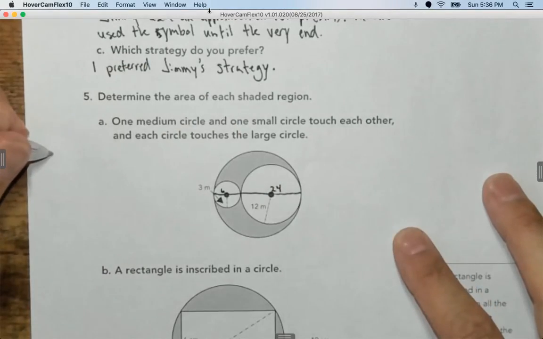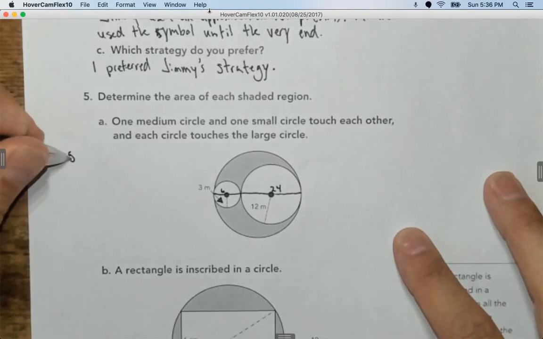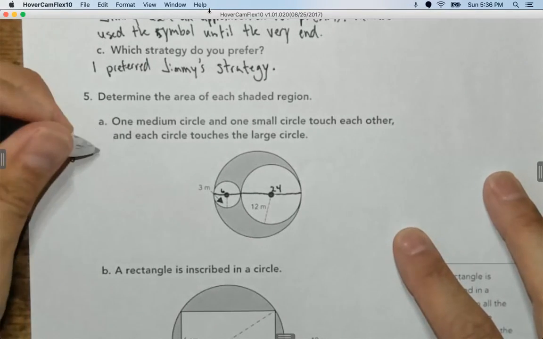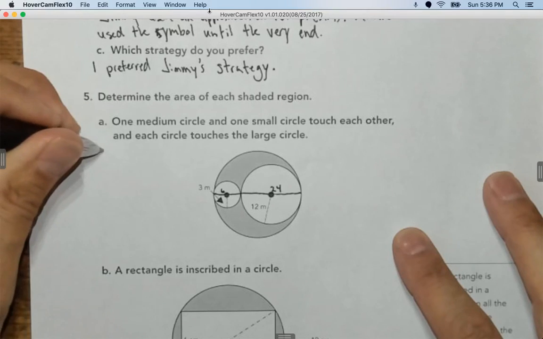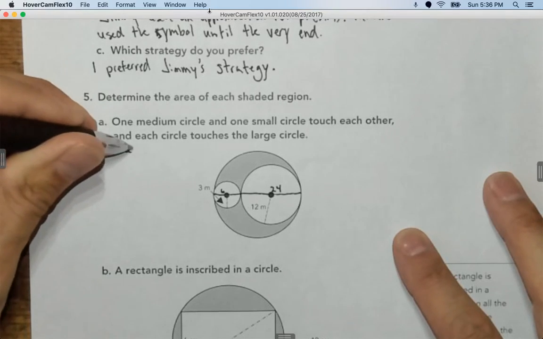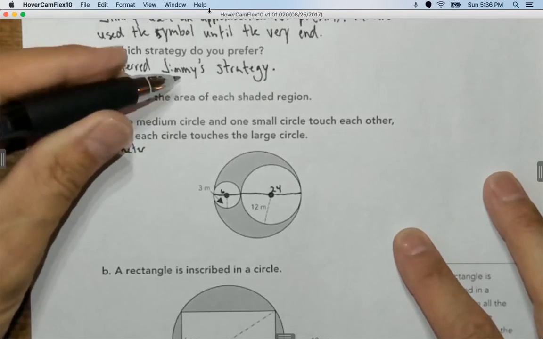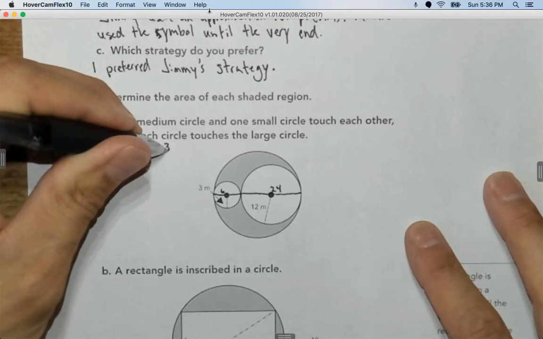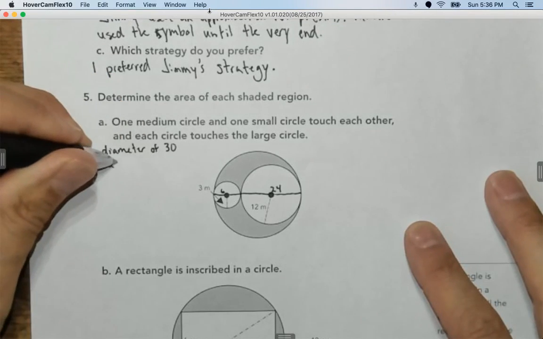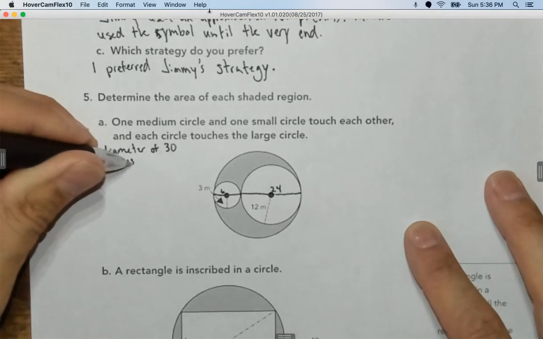So the largest circle would have a diameter of 30, and therefore a radius of 15.